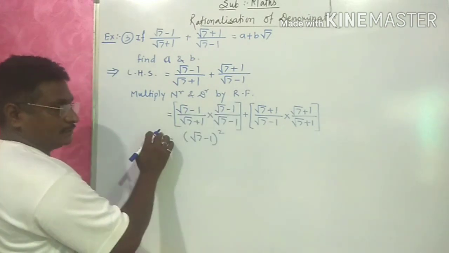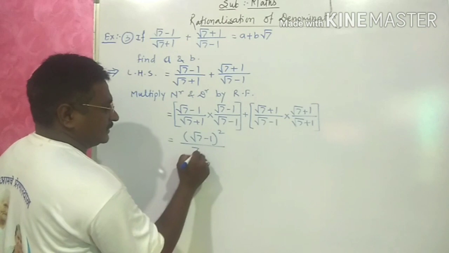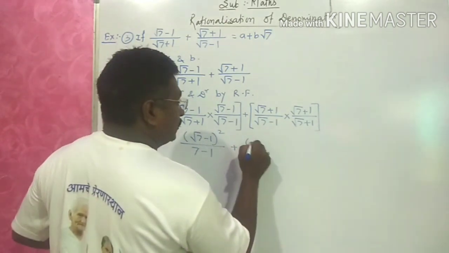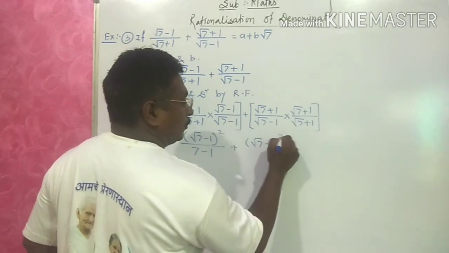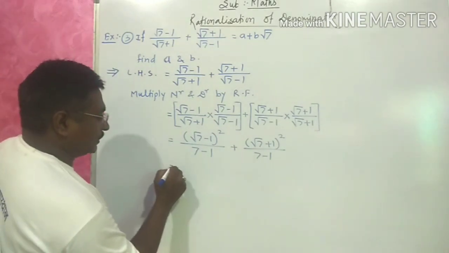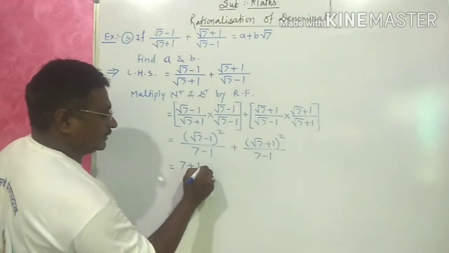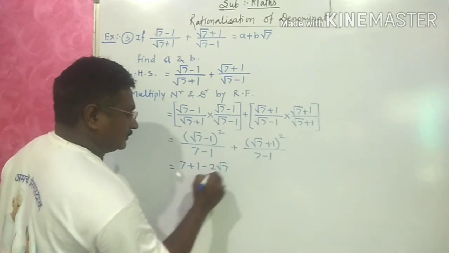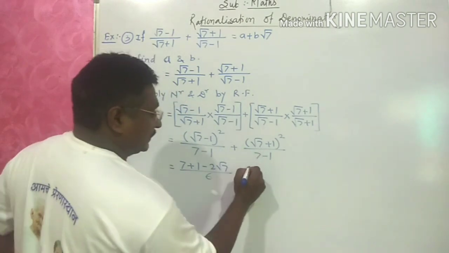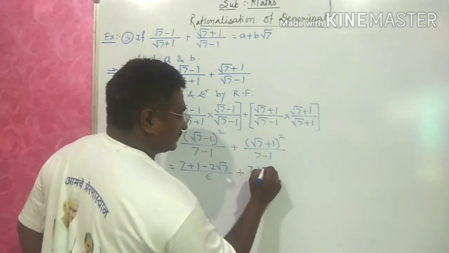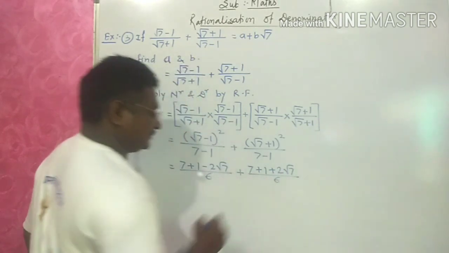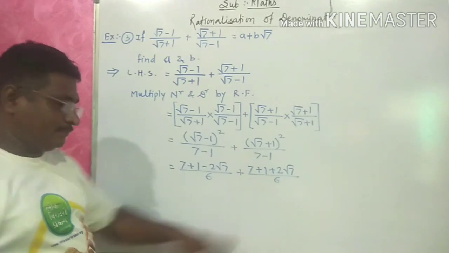Now simplify. Root 7 minus 1 whole square, same terms are there. And here what will we get? 7 minus 1, plus here root 7 plus 1 whole square by 7 minus 1. So what is 7 plus 1 minus 2 root 7 by 6 plus 7 plus 1 plus 2 root 7 by 6? Now denominators are same.